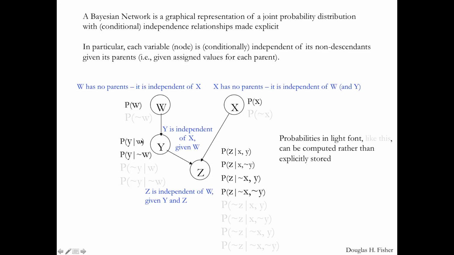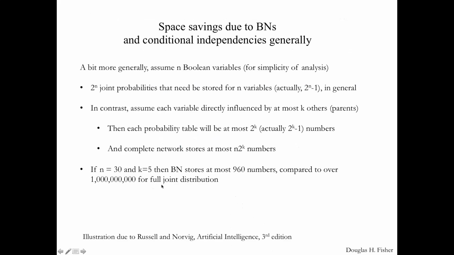So we go through and look at the general case of space savings due to belief networks and, more generally, independencies. A nice illustration is given in this text.